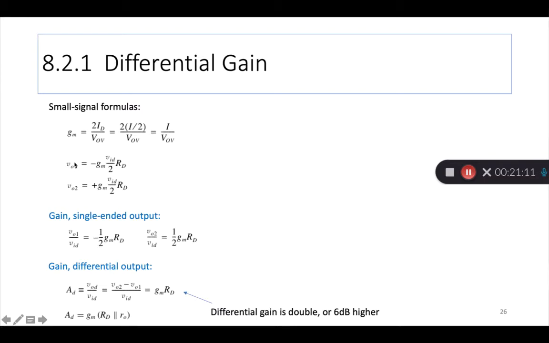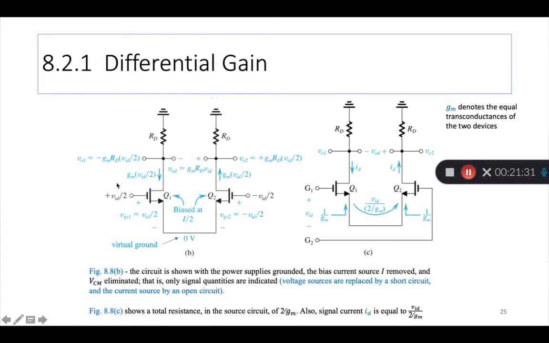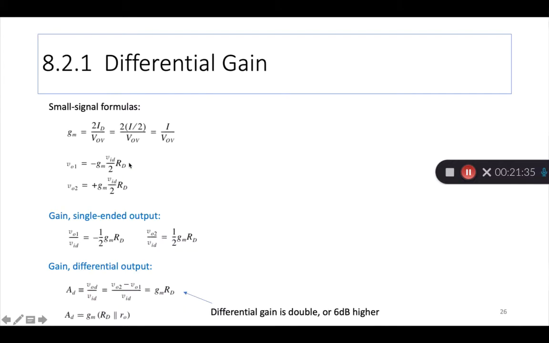Similarly, the single-ended output voltage, VO1, in terms of the input voltage is GMRD by 2 VID. Similarly, output 2 is GMRD by 2 VID. So you can see whatever was shown here is written in this way.